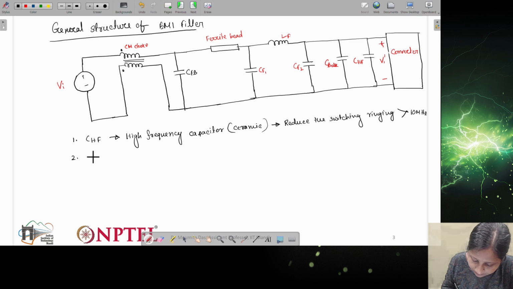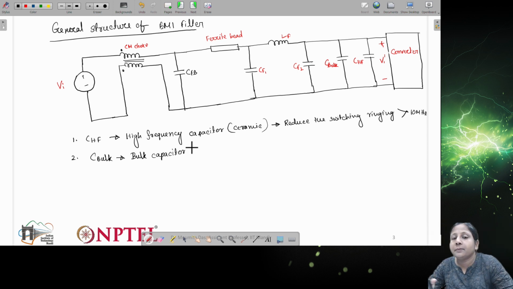So now the bulk capacitor. This is known as bulk capacitor. Right.